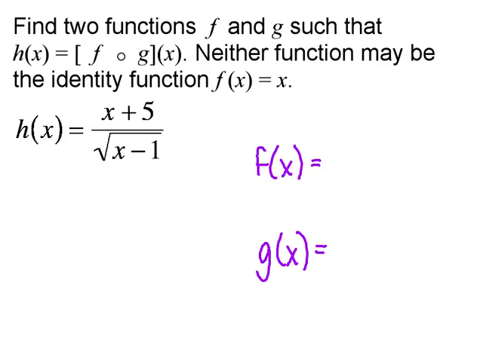How about I do this? Let's just change it to 5 over. Maybe that'll help a little bit better. If I just change it to 5 over that, what would be the outer function? 5 over x, good. Okay, now what do I want to replace the x with so that I get that 5 over root x minus 1?